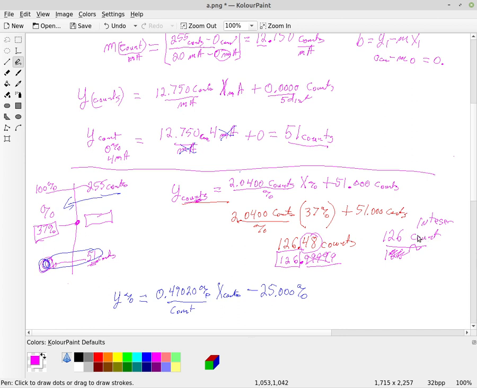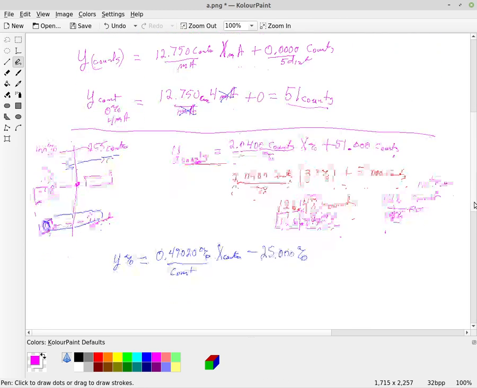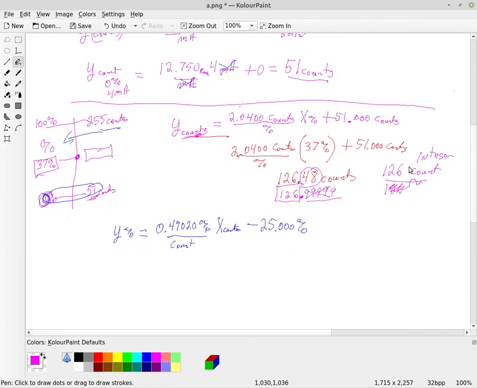All right, so now if we wanted to put a compute statement, because this is what we're actually getting inside our analog to digital converter. So this is the value we've read into our PLC. So let's say that we have a tag called count, and that tag value then is 126.